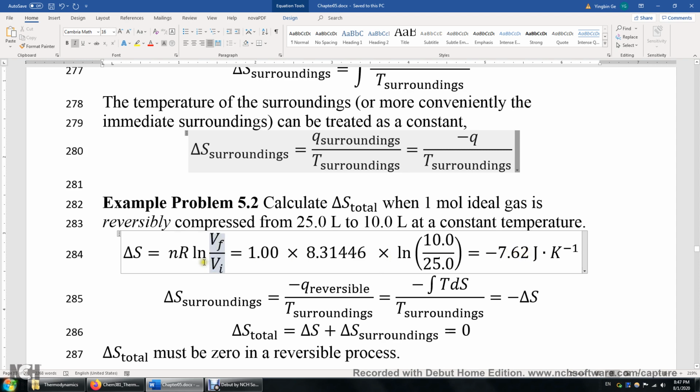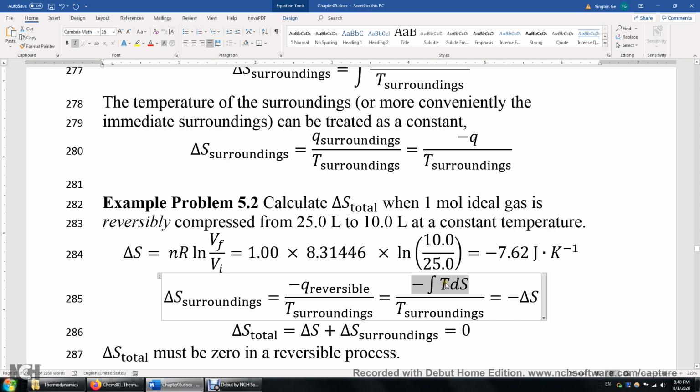How can we calculate the entropy change of the surroundings? Again, we get back to this equation and we realize that this T surroundings is simply T. And then we realize this q reversible is the integral of TdS. So really, we're looking at the negative integral TdS over T. And this T is constant.